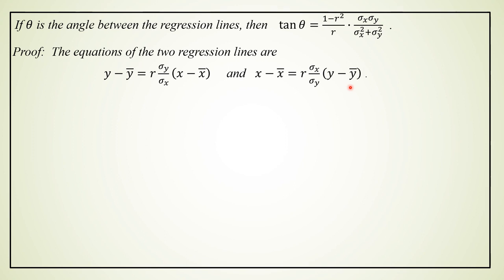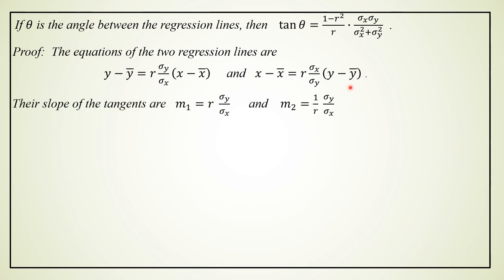Then from these two equations we can clearly make out the slopes of the lines are m1 is equal to r into sigma y by sigma x and m2 is equal to 1 by r into sigma y by sigma x. Then we know that tan theta is given by the formula m2 minus m1 divided by 1 plus m1 into m2.